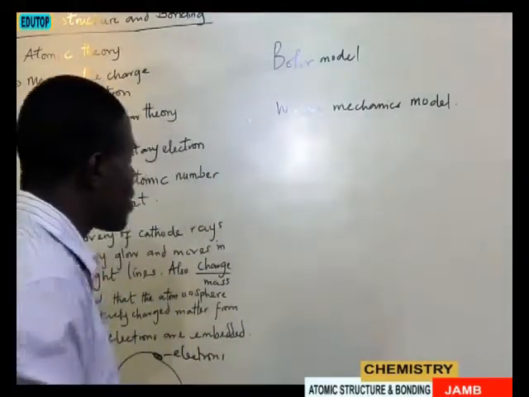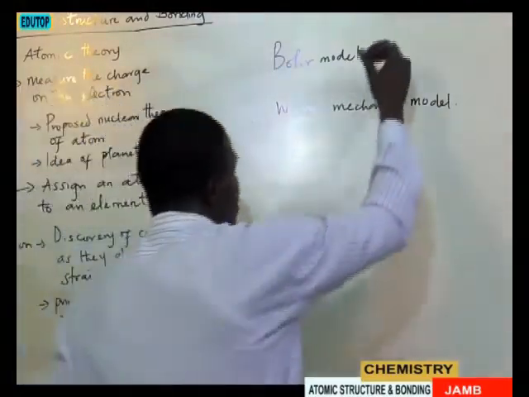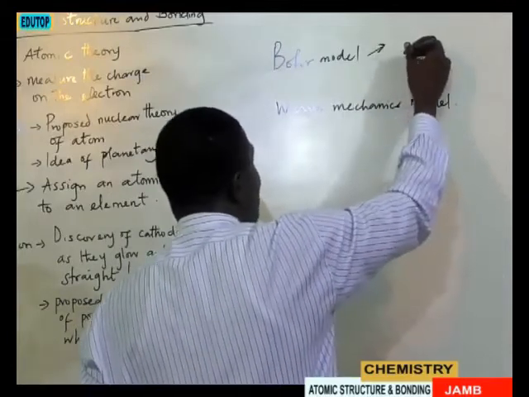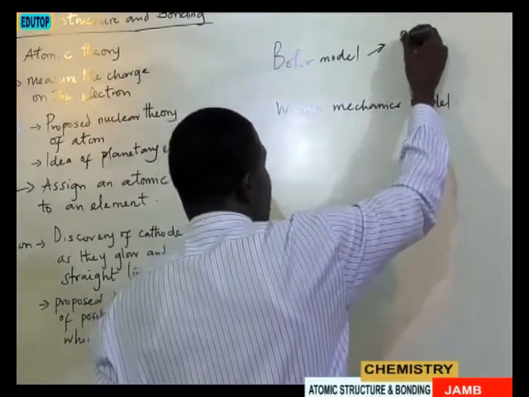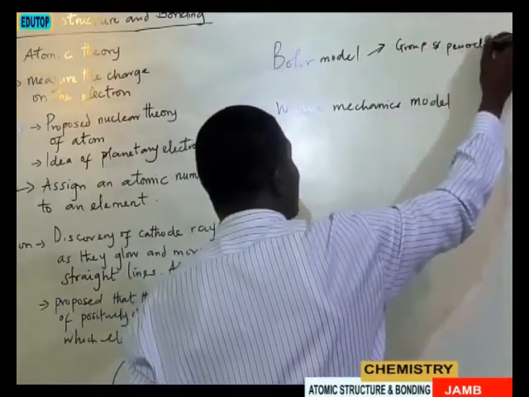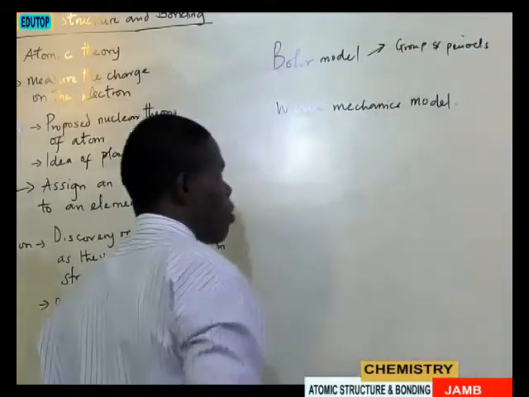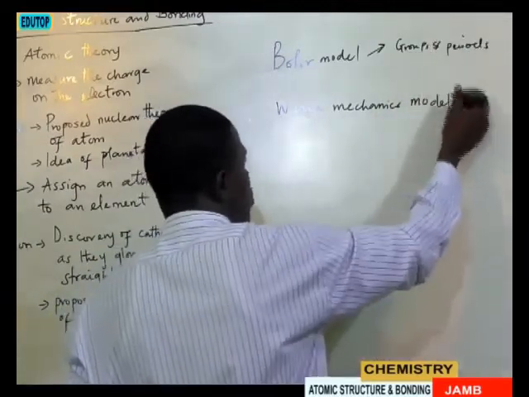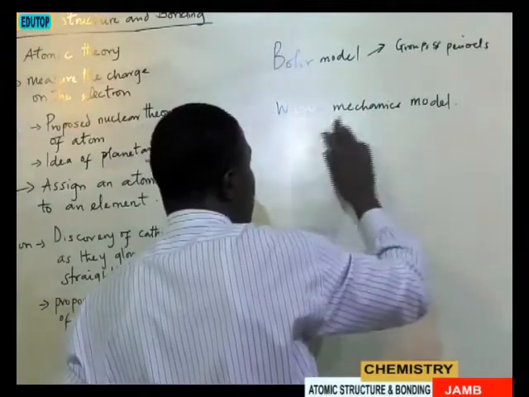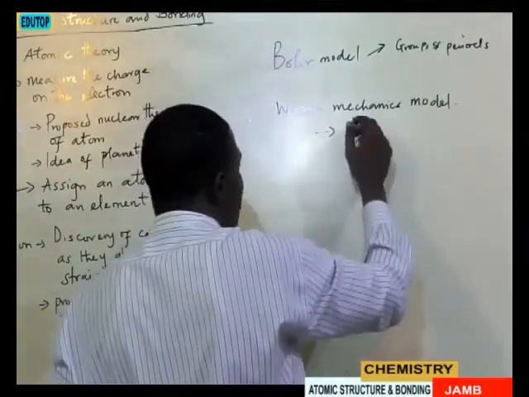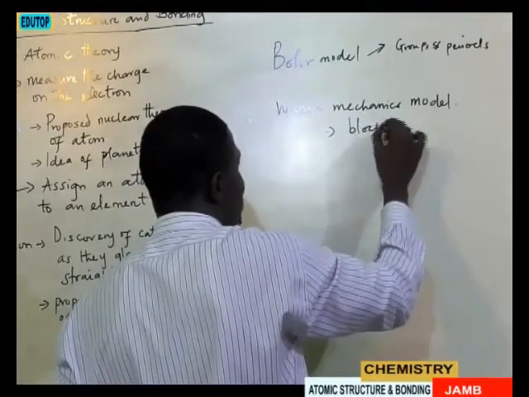So in summary, you can use the Bohr model to determine the group and periods to which an element belongs. While in the wave mechanics model, you can use it to determine the block to which an element belongs.